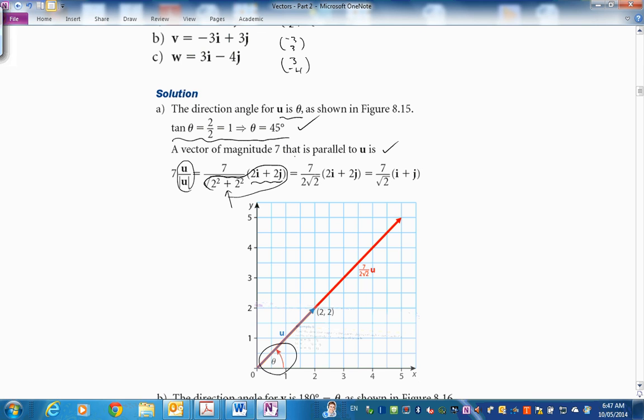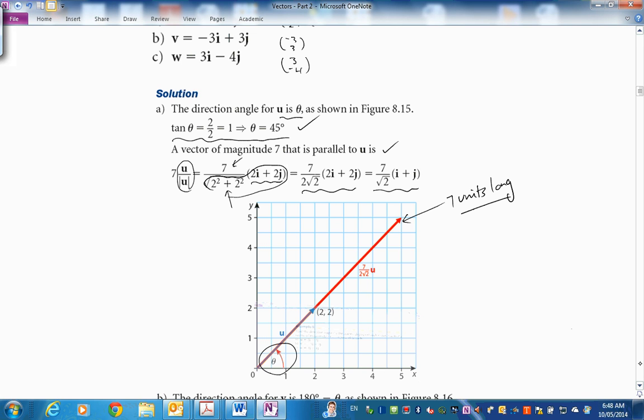Because the scalar is just a number, we then multiply it up to 7 units long. So if we do that, we get this answer. It's pretty unwieldy, but there it is, and we can go to the end of the red vector, and this will be 7 units long.